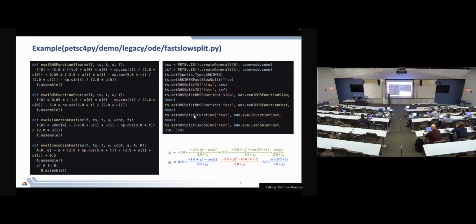The first callback will implement the green part, and the second callback will implement the blue part, and the third one for the red part, and then the Jacobian for the red part. And the index set for this system is quite simple. The first variable is a slow variable, so its index set is just 0, and for the second component, the index is 1.